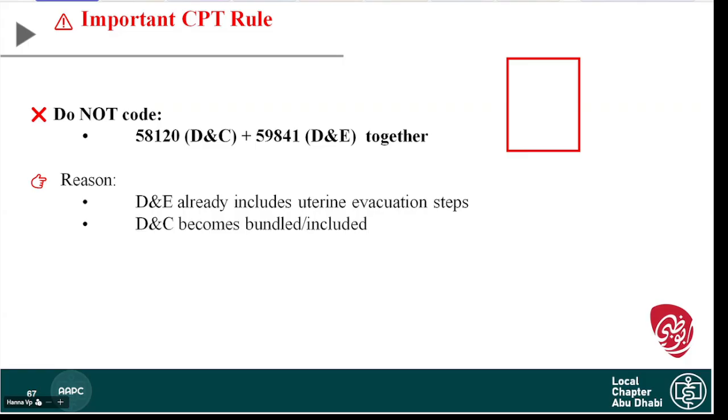You know, guys, D and E is a more advanced procedure than D and C. So if doctors start with the D and C and at the same time are doing D and E also, and these two procedures come together, we should code only D and E. D and E already includes uterine evacuation steps, so D and C becomes bundled or included in the package.